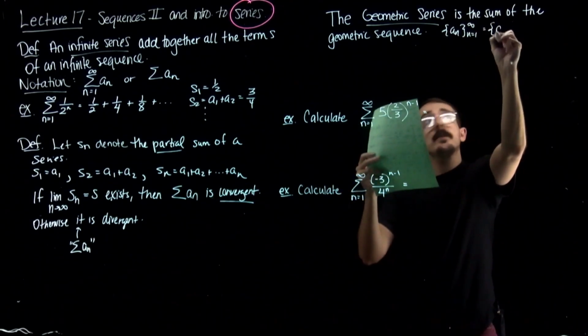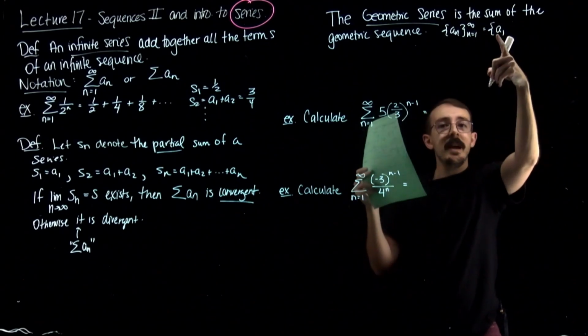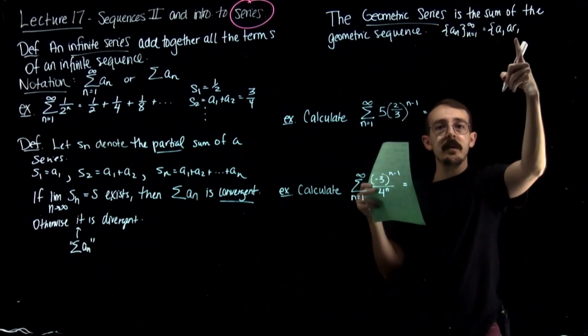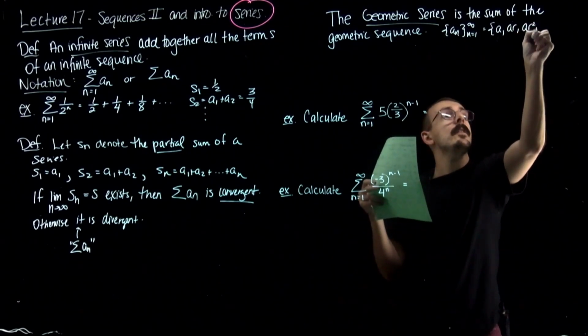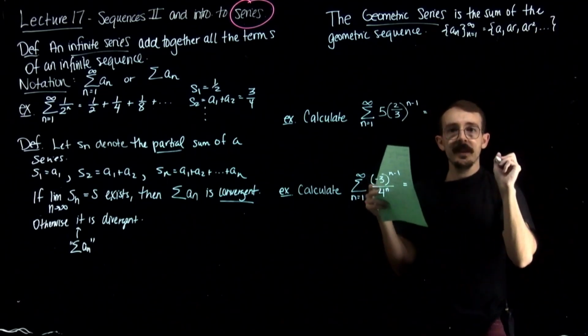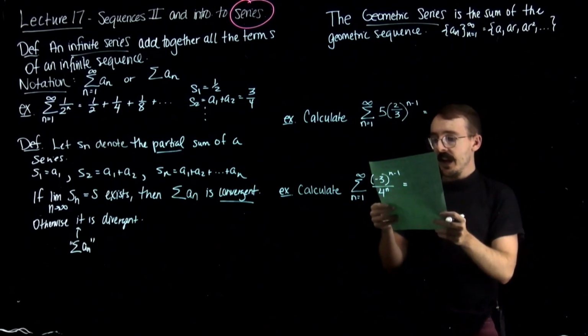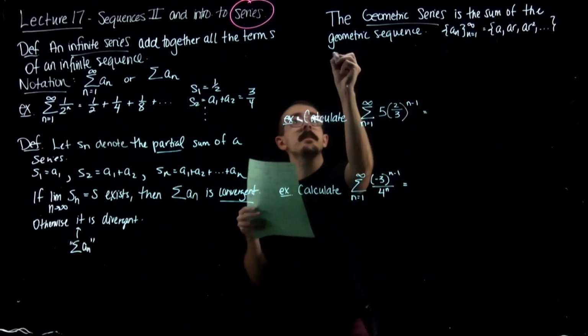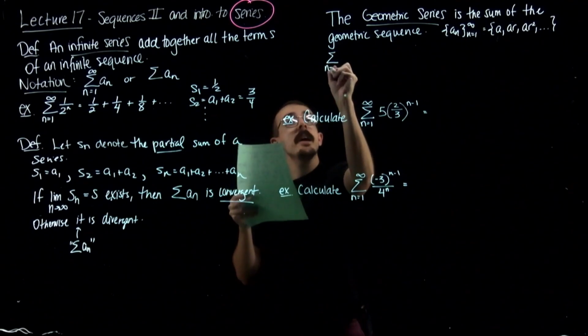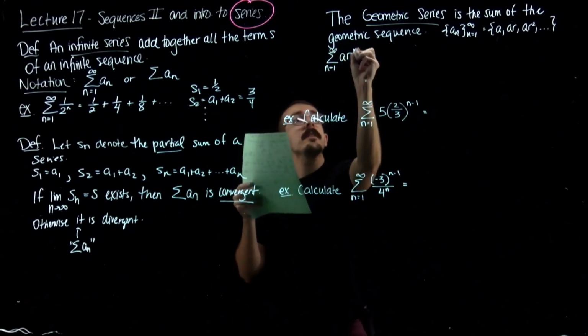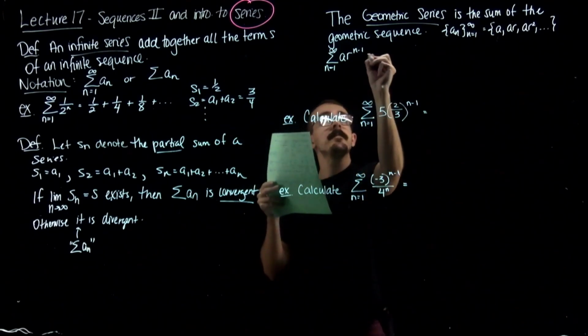It looked like this: you have a starting term a, and then from a, each time you multiply by some fixed r. So you multiply by r, and then you multiply by another r, dot, dot, dot. That r was what you multiply by. And then it looks like this in infinite sum notation: the summation, n equals 1 to infinity, of a times r to the n minus 1.